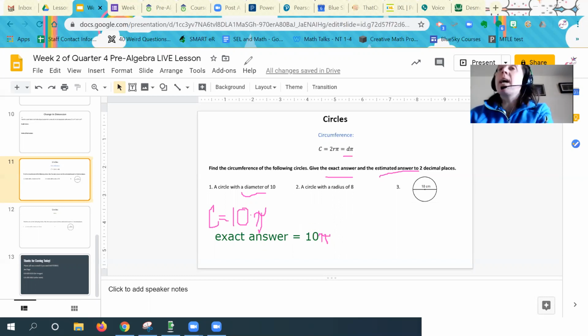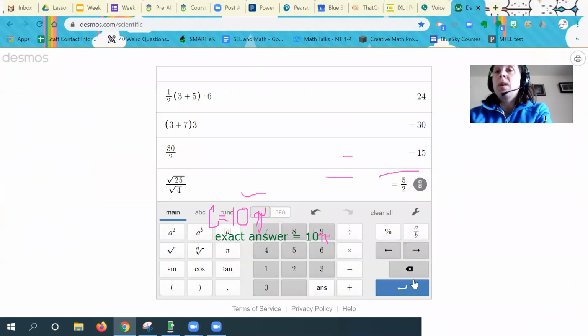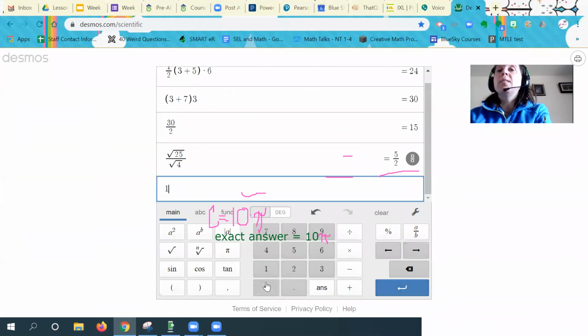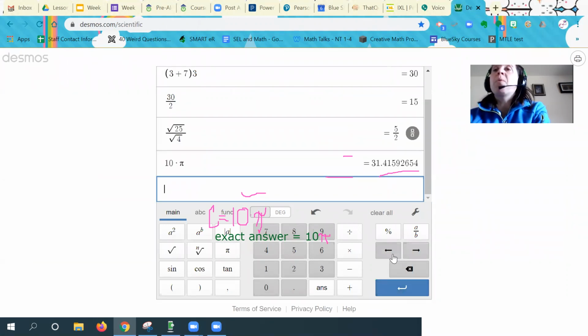Now it does say I also need an estimated answer. So to do that, I would go to Desmos and I would type in 10 times pi. See how there's a pi button? We never want to use 3.14 for pi because it's very inaccurate. So we get 31.4159, and it says we want to round to 2 decimal places.